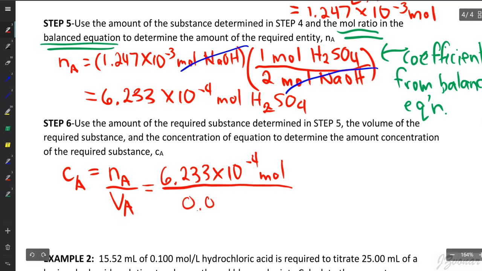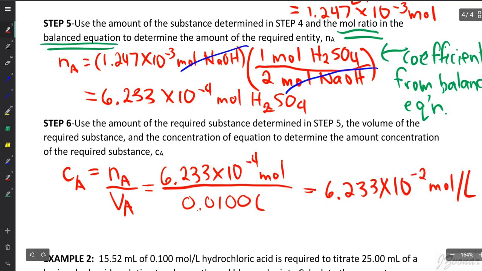That's why we did that way back in step number 2. And when I work that out, I get 6.233 times 10 to the negative 2 moles per liter. All right, so this represents my concentration.